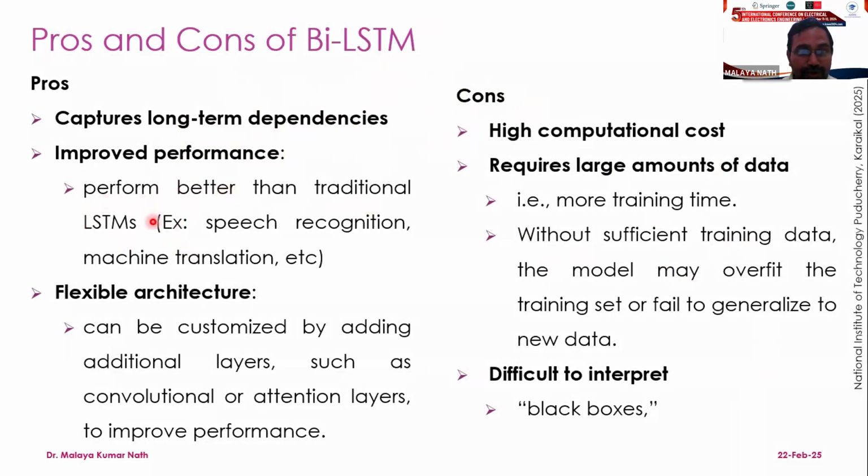We'll talk about LSTM today: what is LSTM, and what are the limitations of the recurrent neural network that lead us to LSTM. LSTMs are very popular in speech recognition, machine translation, as well as time series data analysis, like ECG and EEG signals, where the information depends upon past information.